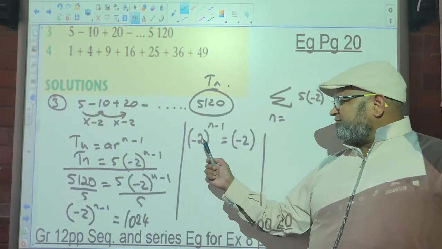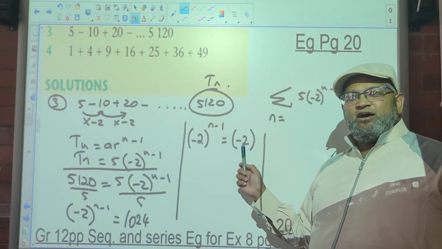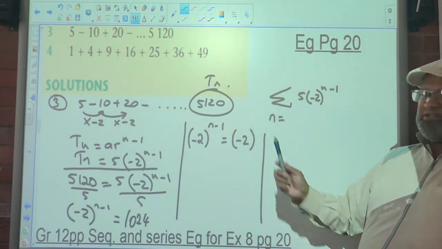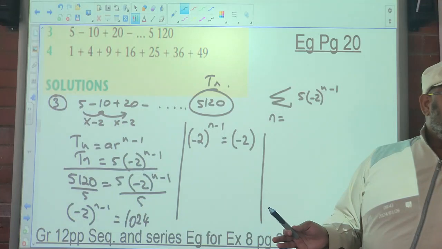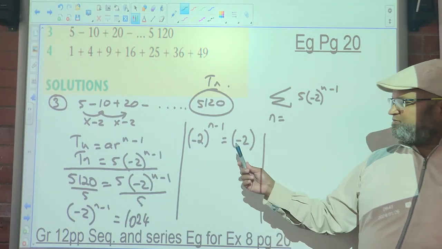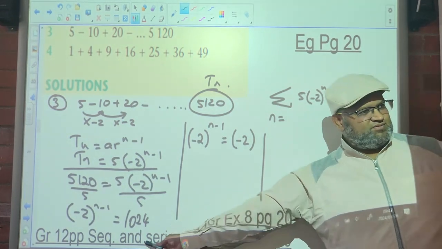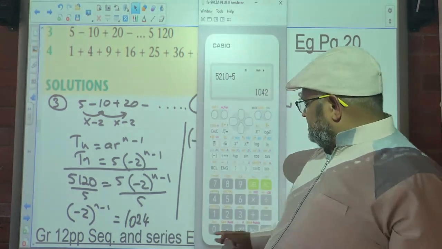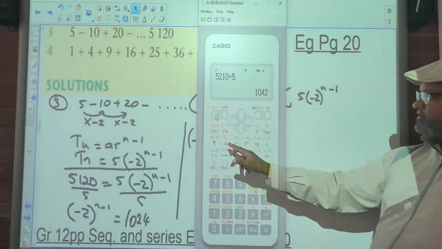For this to be a base of negative 2, you see this is positive here, then what must the exponent be? It must be even. So if the exponent is even, this number will be positive.